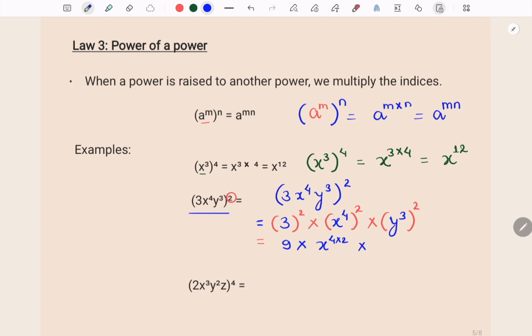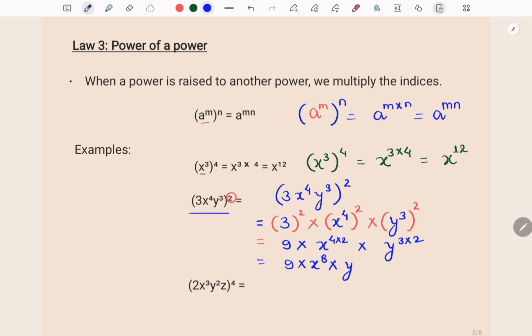Again, we have y cubed all raised to the power 2. Again, power of a power. What will we do? We will take y and then we will multiply the powers. That is 3 into 2. That leaves us with 9 into x. 4 times 2 is 8.